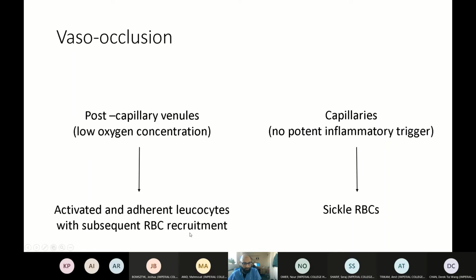The way it happens is that the white cells are first recruited onto the endothelium via the cell surface adhesion molecules, and subsequent to the adhesion of white cells, the red cells adhere to the endothelium and to the white cells. So you get a heterogeneous aggregate of different cell types involved in the vaso-occlusion.